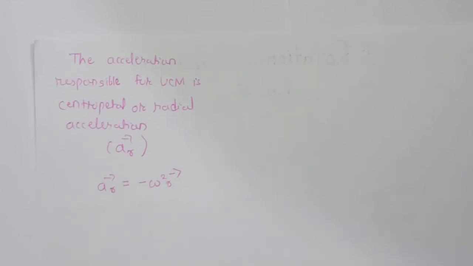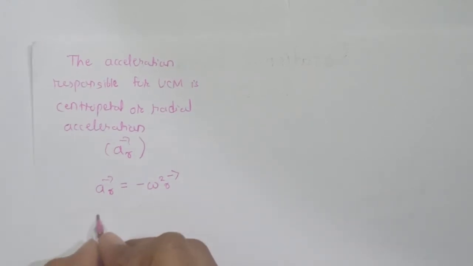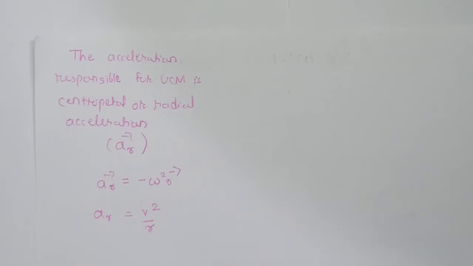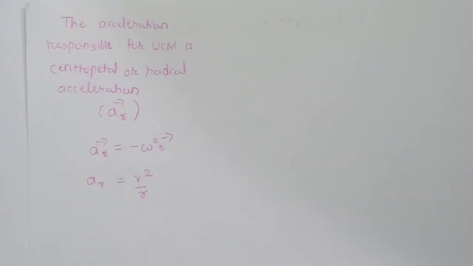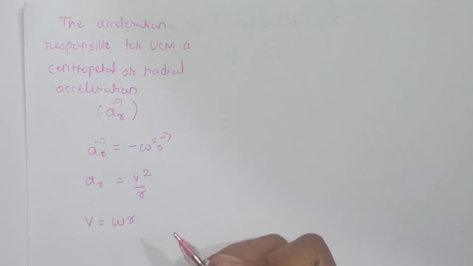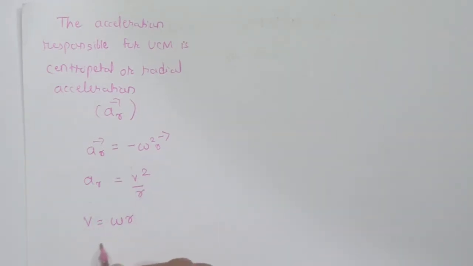As you have studied in previous classes, centripetal acceleration in terms of magnitude is given by v square by r, and you have an analogous relation between translation motion and circular motion. What is that? Linear velocity is equal to angular velocity into position vector r. So when you substitute v equals omega r in this case, what will you get?